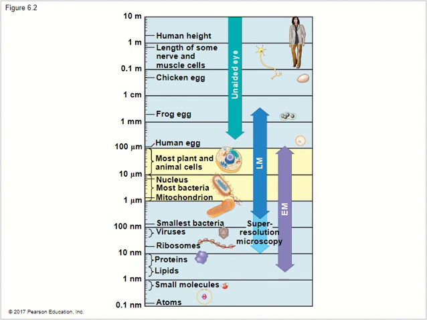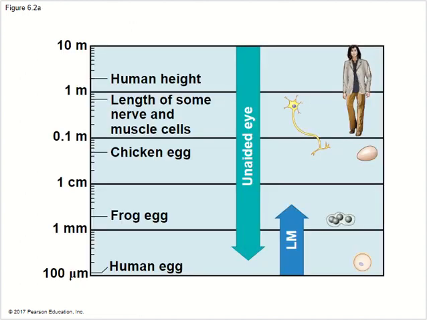Super resolution microscopy can even get down to smaller bacteria and ribosomes, and electron microscopes are able to get all the way down to proteins and lipids, and in some cases, with a powerful enough electron microscope, even see atoms.